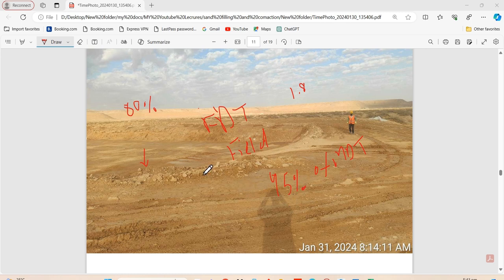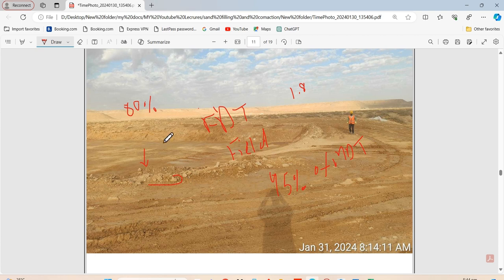On the basis of this, our consultant told us that your test failed, so you have to fill a layer of 20 centimeter of subgrade material. You see this? This is subgrade material. We have taken it from Curacite, where it's rocky material, and subgrade material is a mixture of rocky material and sand.